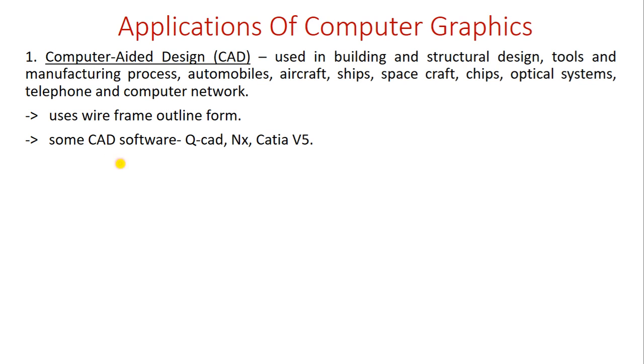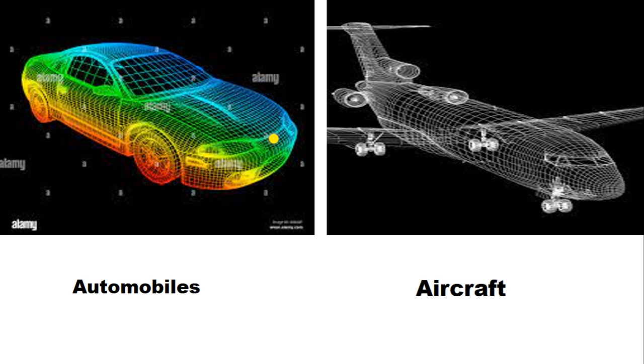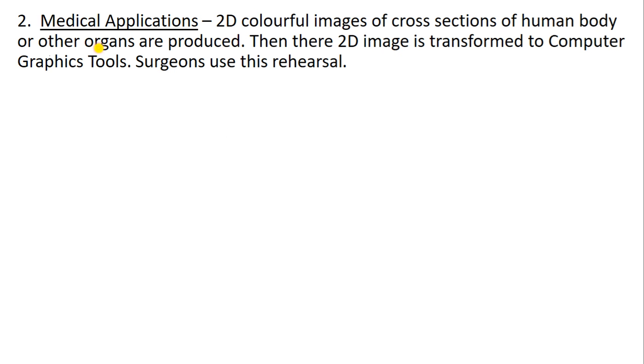These are some software names, different CAD versions: QCAD, NX and CATIA V5. I hope you have understood the first point. Let's move to the second point.